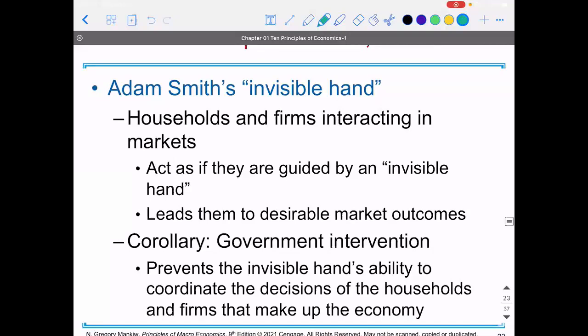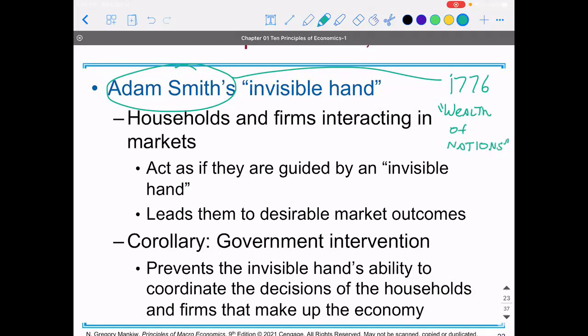And those prices are what Adam Smith, the famous economist, born on my birthday, June the 5th, a Gemini like myself, talked about. In 1776, which is also the founding of our country, he wrote a book called The Wealth of Nations, which is considered the first economics textbook.